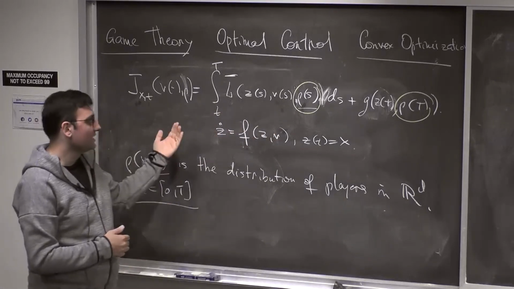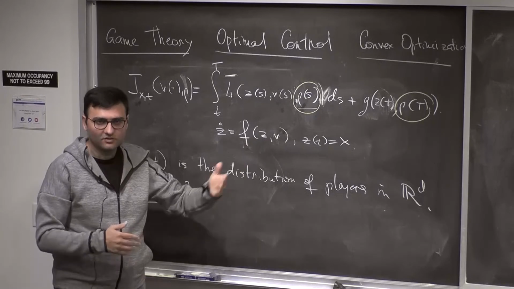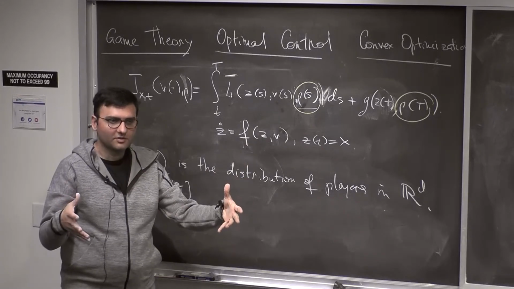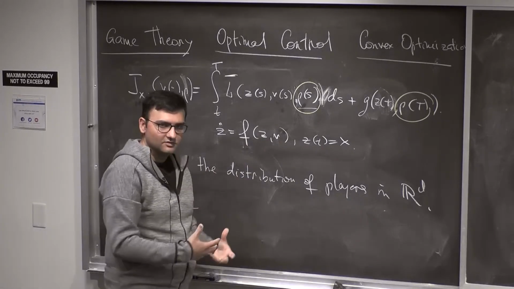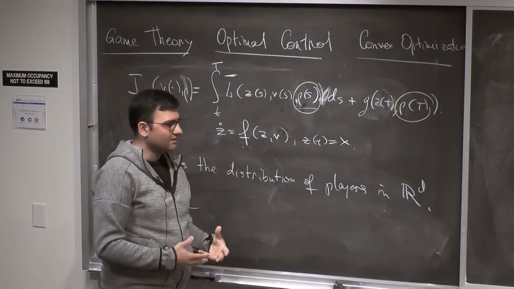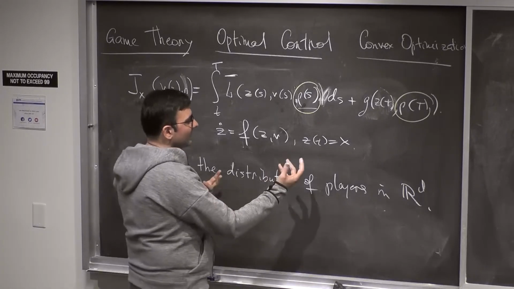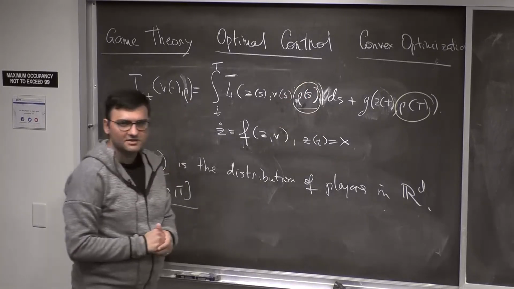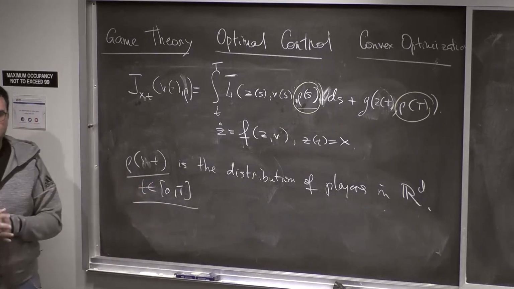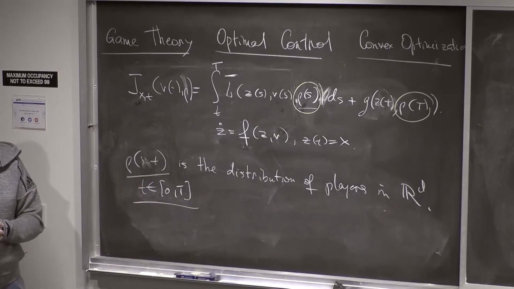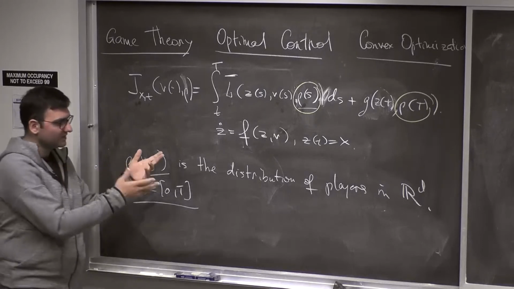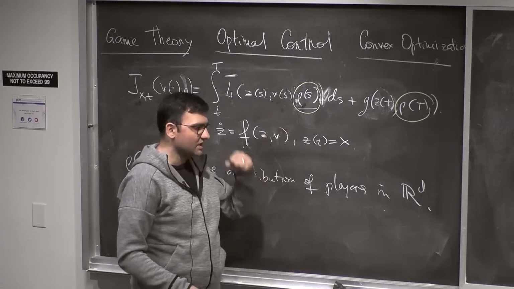You can choose minimal exit time and so on. So you choose your favorite control problem, and then you put it in a mean-field game framework by adding the dependence on the distribution of players. And we will discuss different ways to do that.